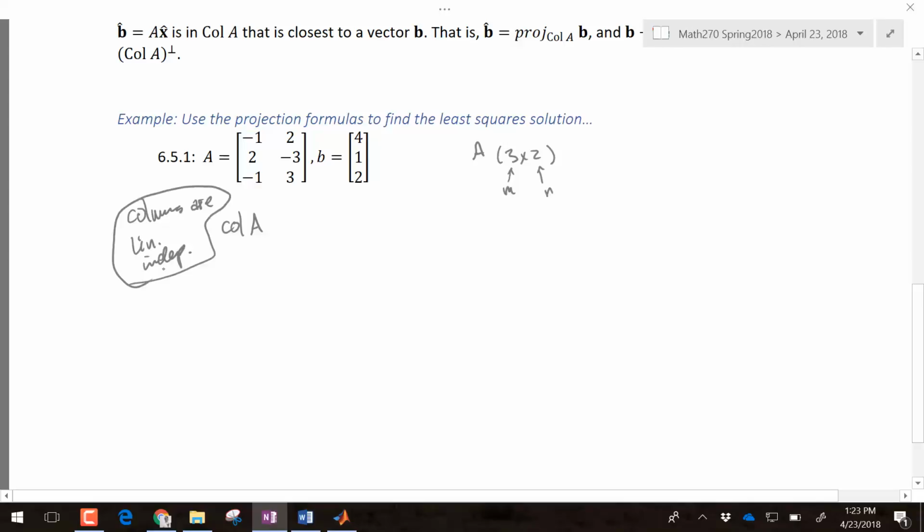Because the columns are linearly independent, we don't have to do that row reducing business and figure out the rank. The rank is going to be equal to 2 because that's the number of linearly independent columns we have. So the column space is going to be the span of these 2 vectors, -1, 2, -1, and 2, -3, 3.